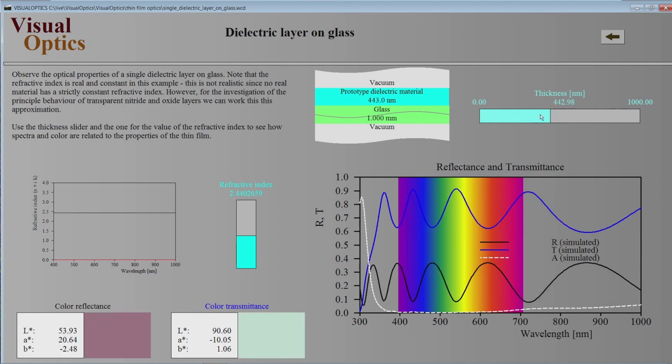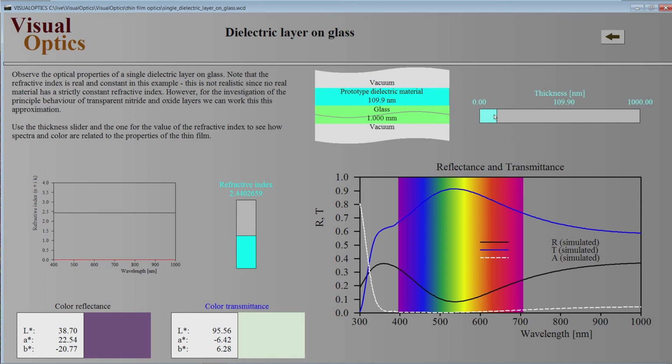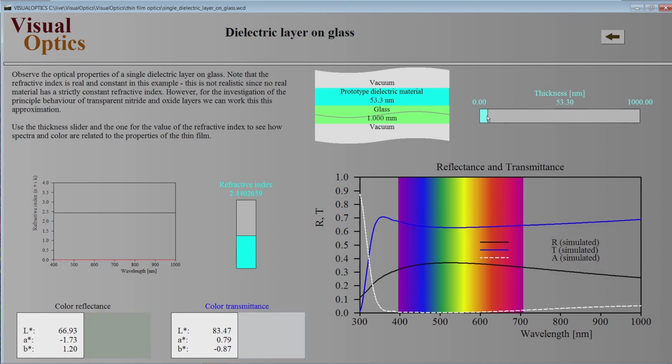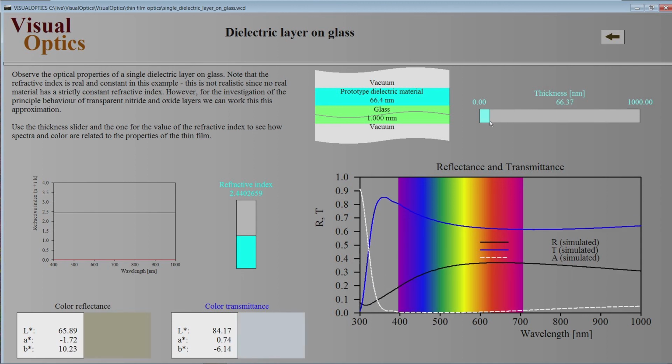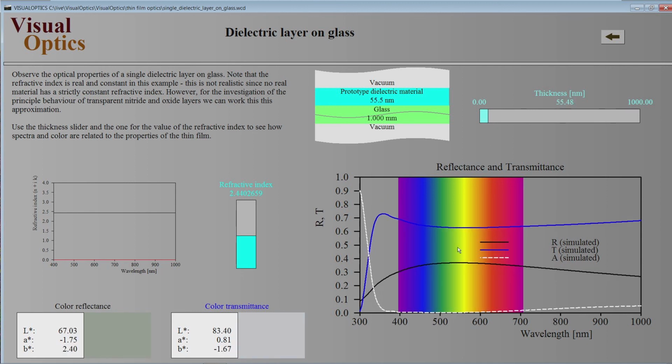If you go to very thin layers, let's say between 0 and the first maximum, then you see basically just one very broad maximum, a very broad minimum in transmission, and this can be rather colorful.